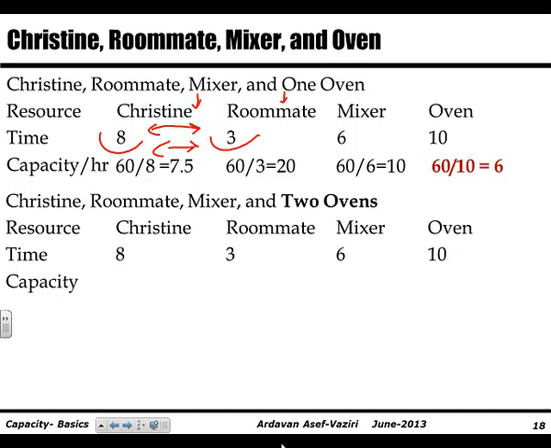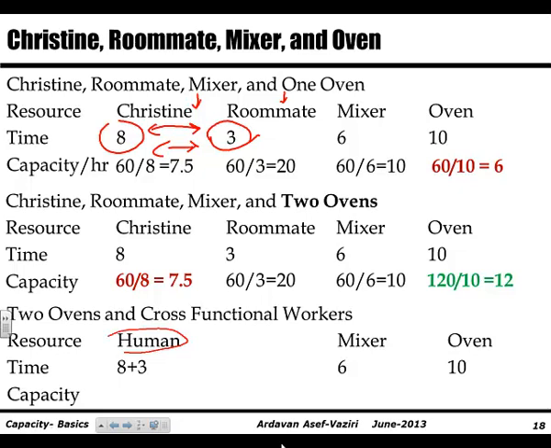The time of the first activity was 8, the time of the second activity was 3. Our human resource has a unit load of 8 plus 3 minutes, and in 1 hour we have 60 minutes and the load is 11 minutes, and we do have 2 resource units in our resource pool. Here we have 60 divided by 6, and we have 1 resource unit.